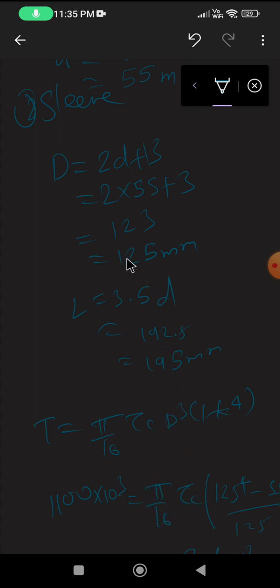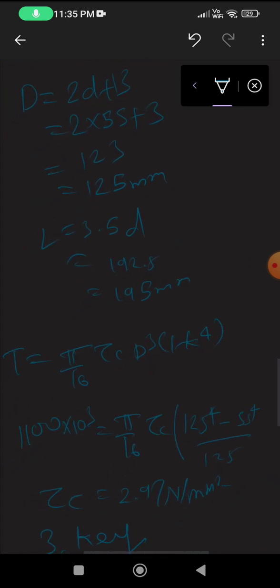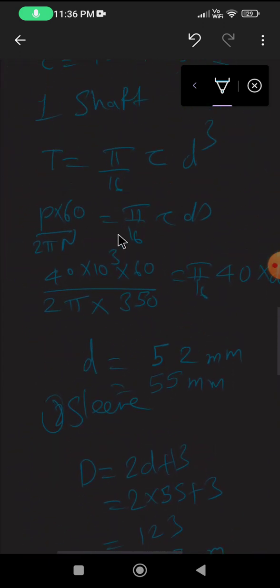So capital D we have 125 mm and small d we have 55 mm. If you use this formula, with k as small d by D, we will be able to find the shear stress, that is 2.97 Newton per mm square. What was the allowable shear stress?